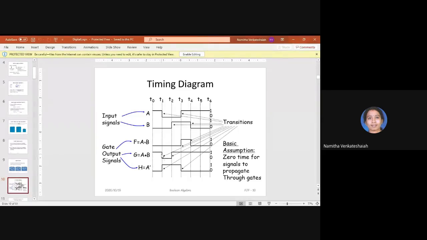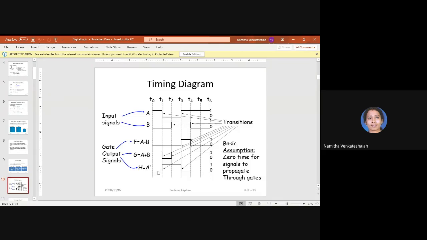Why is it becoming 0 from 1? Because now both A is 0 and B is 0. A or B will be 0. That's why it is becoming 1 to 0. This point is called a transition. Why transition? Because it is changing from 1 to 0.